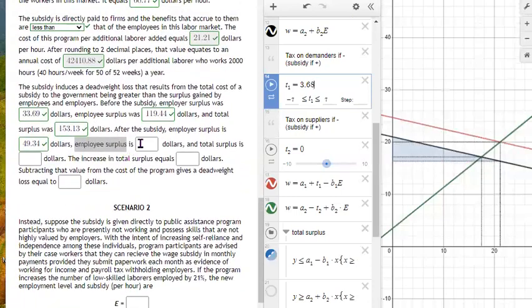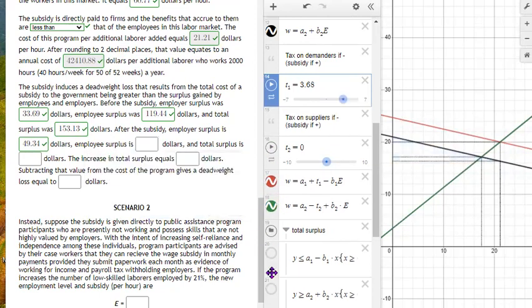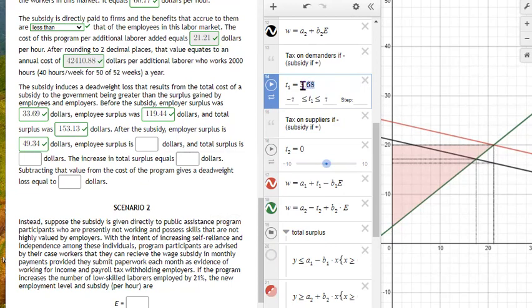Okay, so now let's calculate the new employee surplus. Let's turn off the employer surplus and turn on the employee surplus. Initially the employee surplus was this red triangle. But the firms are paid this per hour subsidy of 3.68.